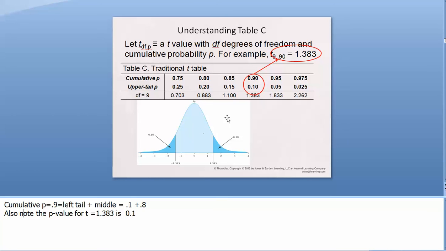Remember, whenever you have a test statistic, now in this case it's a t-value, the p-value is the probability to the right. And also remember, to get a two-sided p-value, you need to double that.